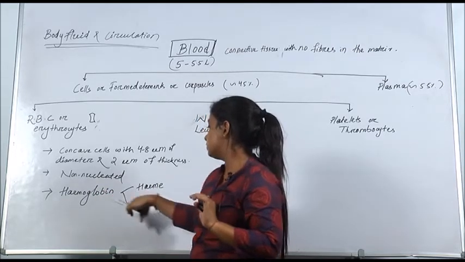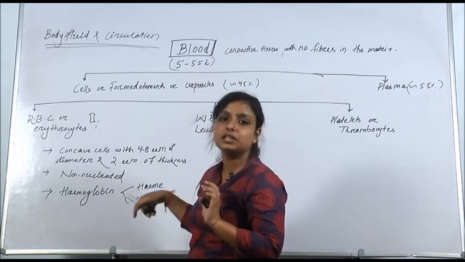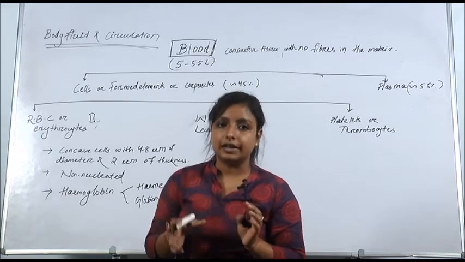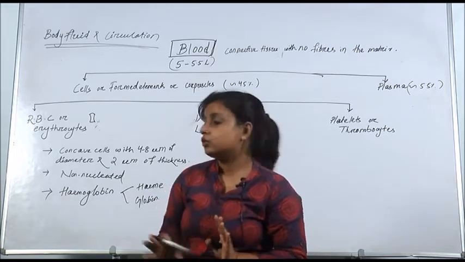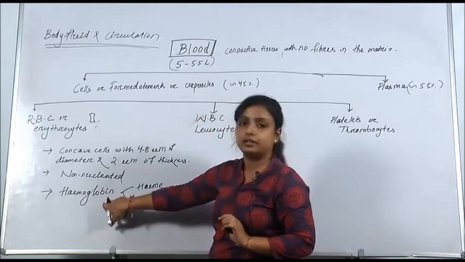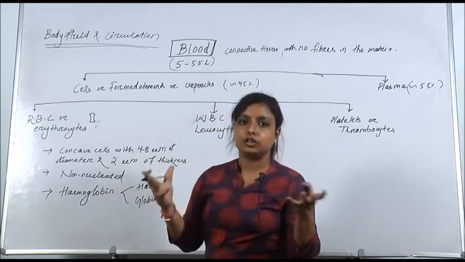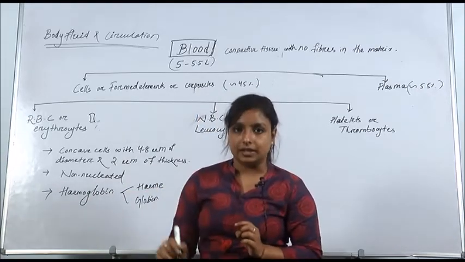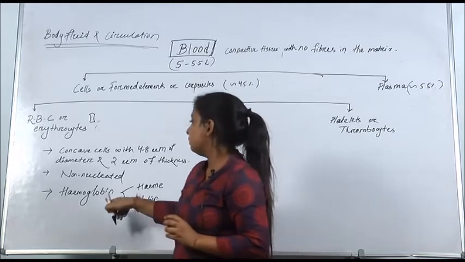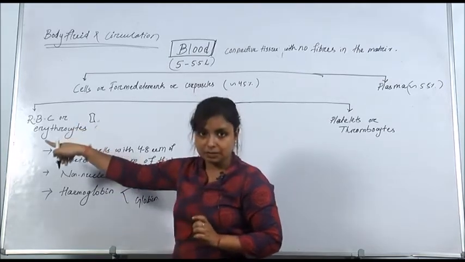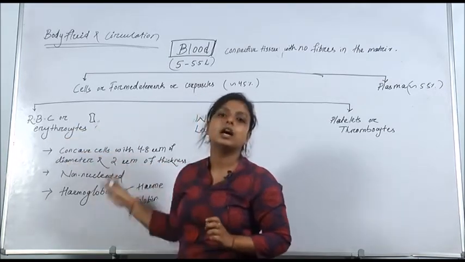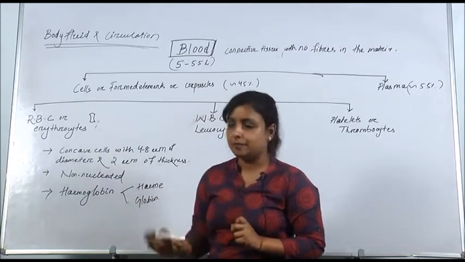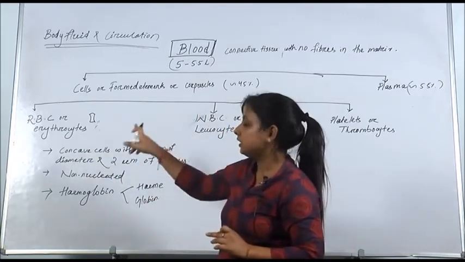Each hemoglobin also consists of 4 globin chains, and these globin chains are important for the carrying of carbon dioxide. So altogether this hemoglobin helps in the transportation of oxygen as well as carbon dioxide. The hemoglobins are present inside these RBCs, thereby replacing all other unnecessary cellular organelles.